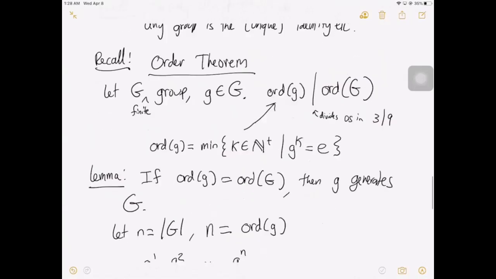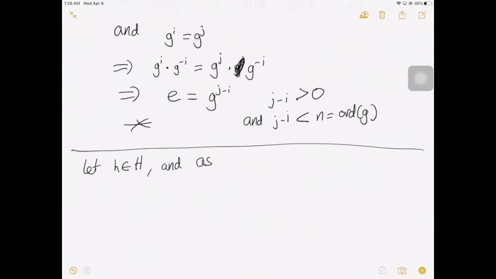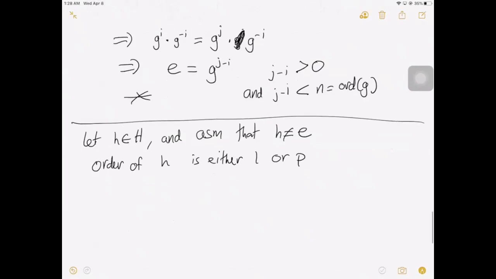So now we have all of the pieces to this puzzle. Let h be an element of the group H, and assume that h is not equal to the identity. So we know that the order of little h is either 1 or p, because those are the only things that divide p.